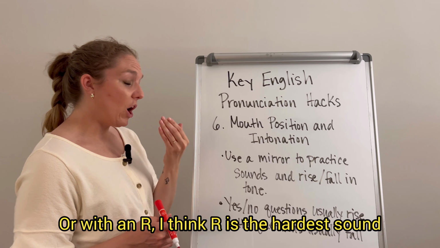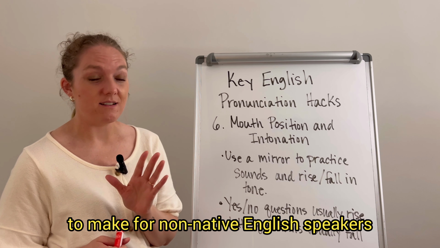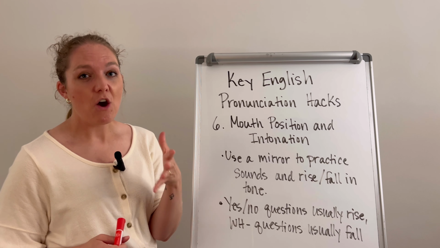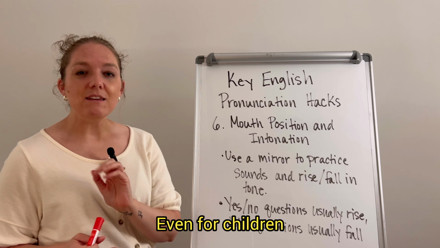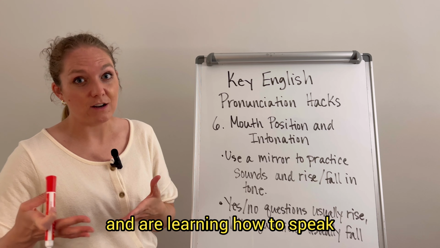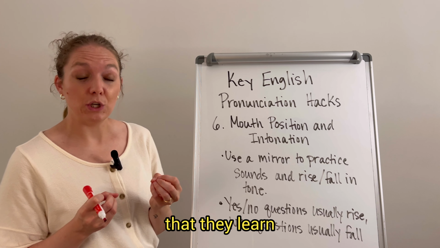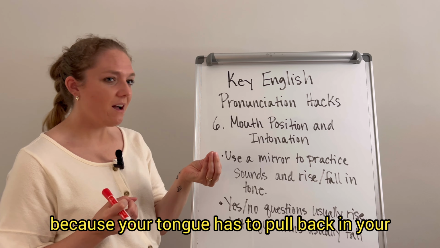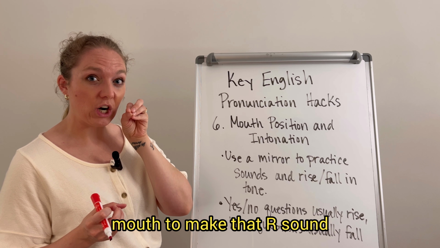Or with an R, I think R is the hardest sound to make for non-native English speakers. For English learners, R is a very difficult sound. Even for children who are native speakers and are learning how to speak, R, I think, is the last sound that they learn because your tongue has to pull back in your mouth to make that R sound.